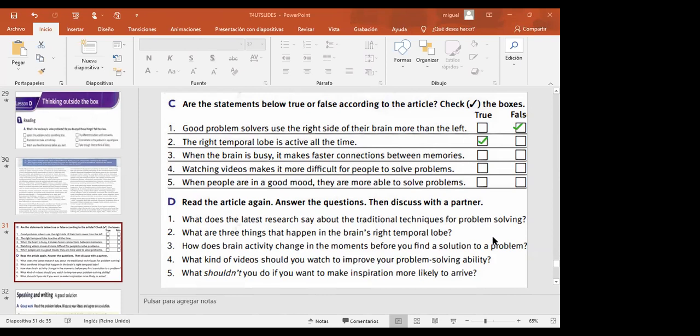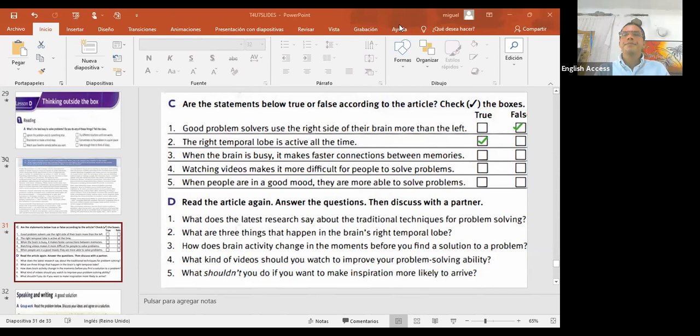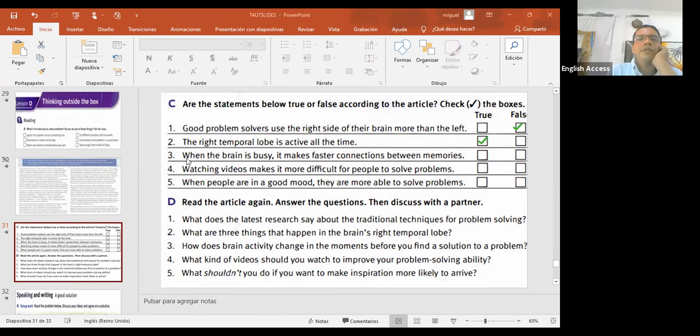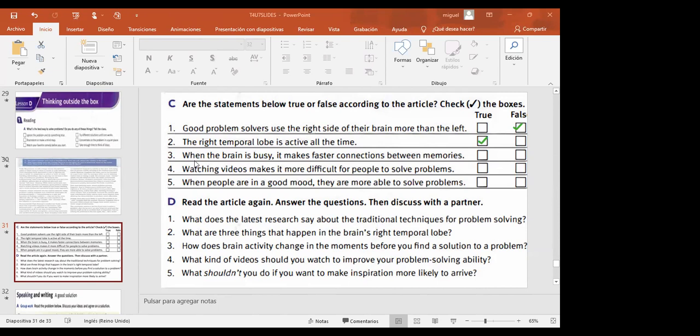I see 4 here. Felix, what do you have in number 3? In number 3, I think it's true. Okay, read the sentence, please. When the brain is busy, it may foster connections between memories. Between memory.